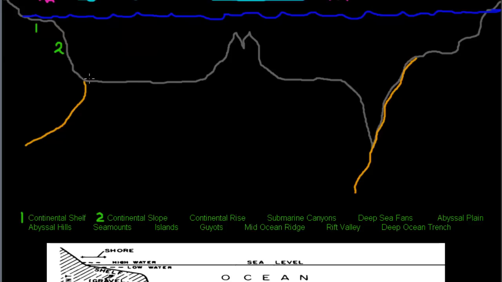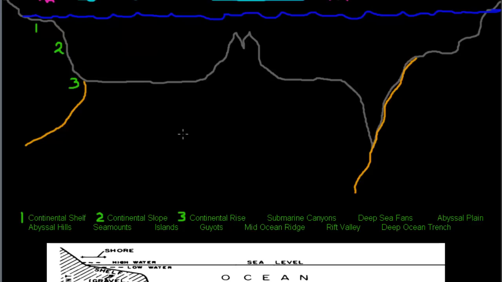It gets a little more horizontal. This is going to be the continental rise. And then once we get past the continental rise, we're going to move on to this flatter area. This is the abyssal plain.